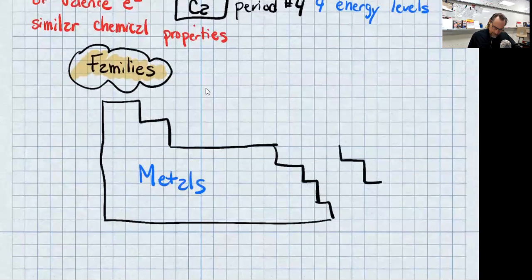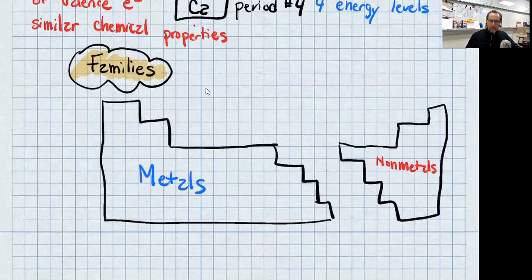I have my nonmetals, and again, I kind of messed this up, but we're going to go with it. I have my nonmetals on the right side of the periodic table. And then in the middle here, I have what are called the metalloids. Kind of stuck in the middle.